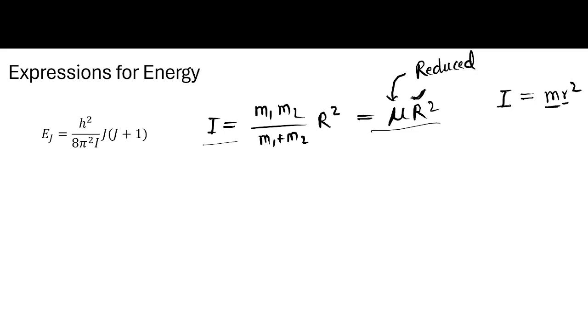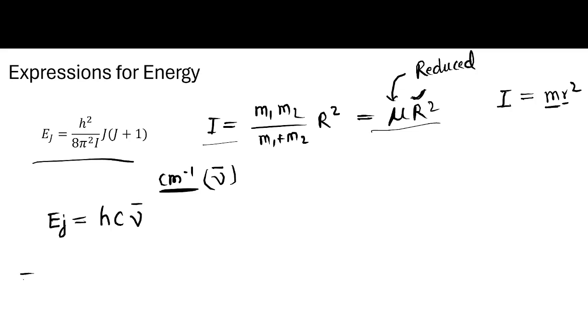So for diatomic energy we can write like this, but usually while doing rotational spectroscopy we plot in centimeter inverse, like in wave number. So how can we convert this? We know from the previous note that this is hc nu bar.